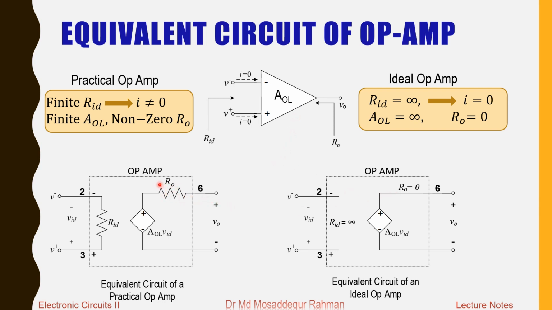For practical, we had a non-zero output resistance, but for the ideal op-amp, R0 should be 0. That means we'll have a short circuit here. So at the output side, we just have a voltage dependent voltage source, which depends on the input voltage VID, and it directly connects to the output. So that is how it will look like for the ideal op-amp.